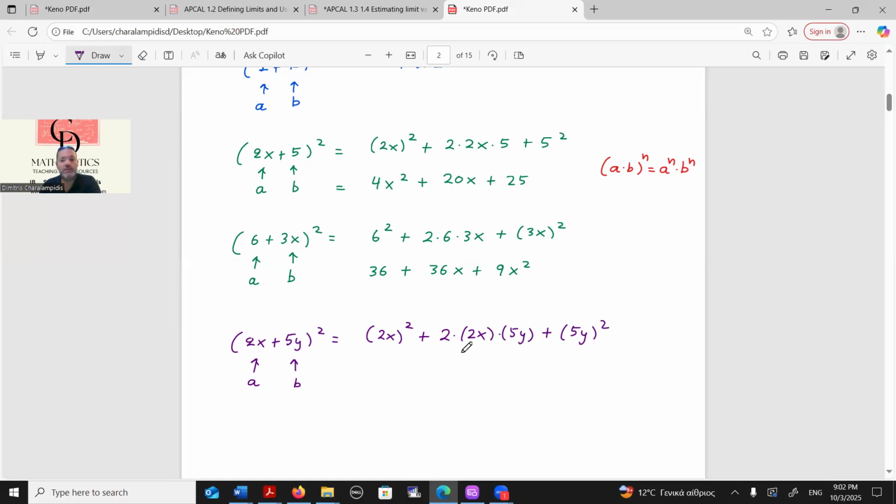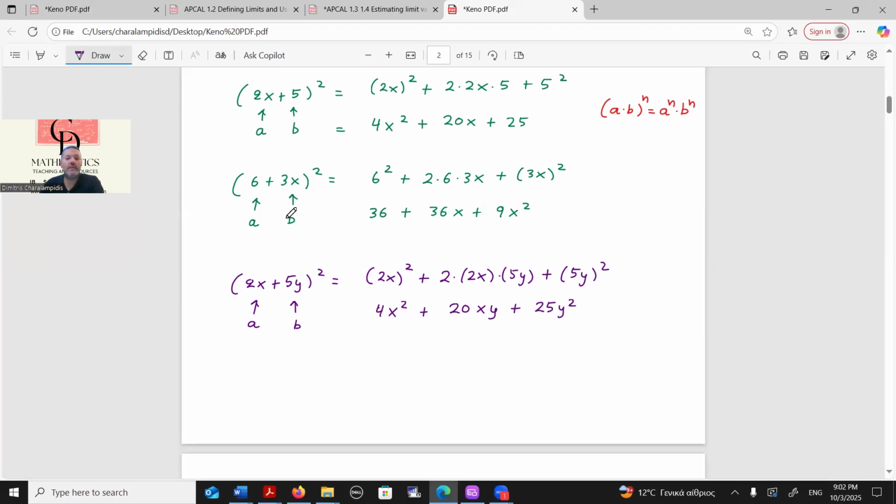2x and all that squared is equal to 4x squared plus 2 times 2, it's 4, times 5, it's 20xy, plus 5y and all that squared is 25y squared. Let's see another one. 5x cubed plus 2x squared and all that squared.